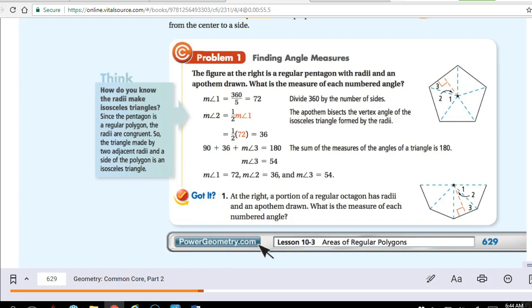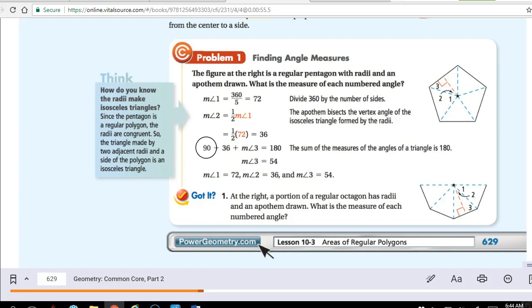Now, that apothem makes a right angle right there, which makes a right triangle. We already know that angle 2 is 36 degrees, and this one is a right angle, or 90 degrees. Remember that the 3 angles of a triangle always have to add up to 180.